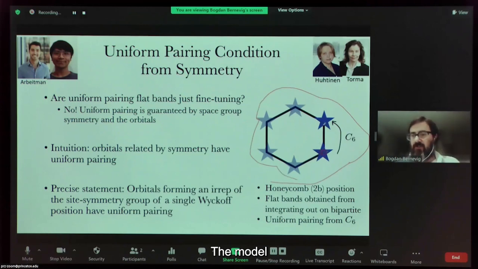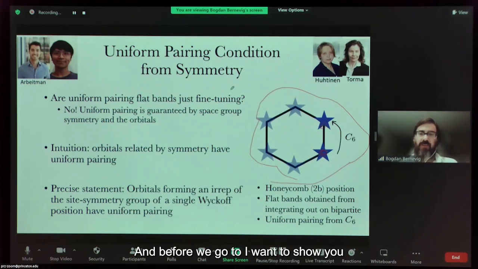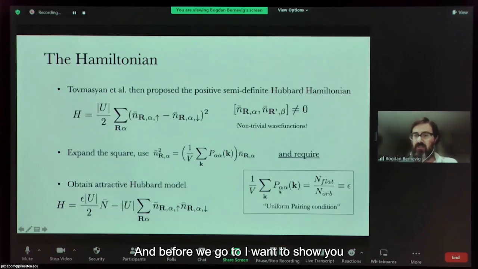If I have these two orbitals which are related by C6, then by symmetry I'm bound to have this condition, where now alpha is A or B. Alpha can be A or can be B. This condition is true.